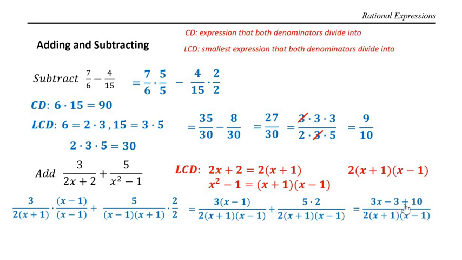And if we simplify our negative 3 and 10, we would get 3x plus 7 over 2 times x plus 1 times x minus 1. Now that is simplified. Some people would prefer to multiply out the denominator, but that is up to your preference.